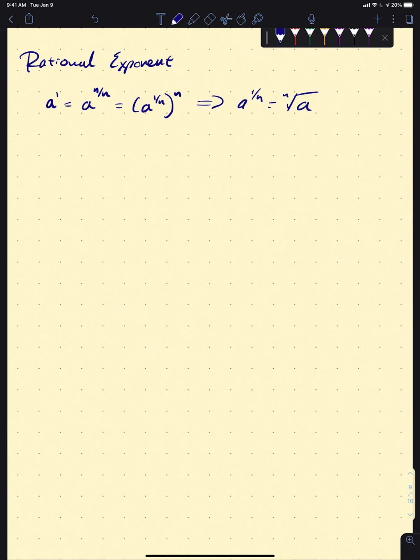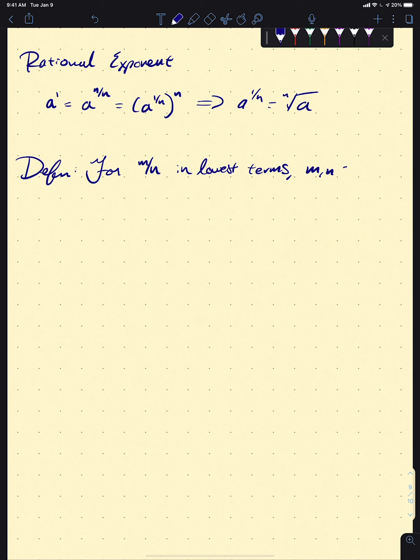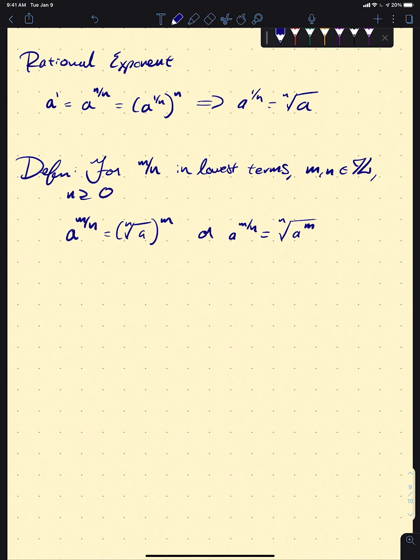We'll do one of our first big definitions. So for m over n in lowest terms, which means you can't simplify the fraction anymore, and m and n are integers, and n is greater than or equal to 0, a to the m over n is the nth root of a to the m, or, and these two definitions are totally equivalent, a to the m over n is the nth root of a, to the m.